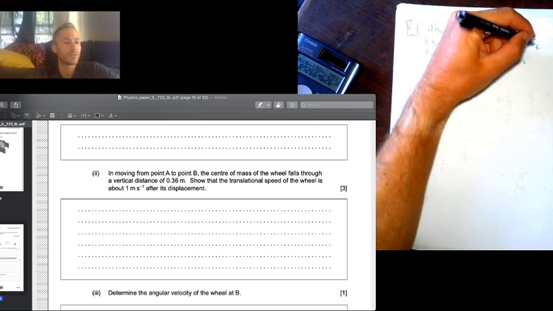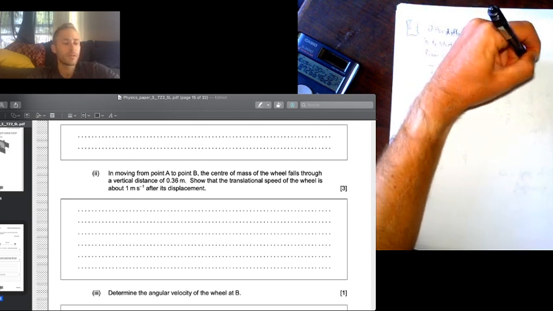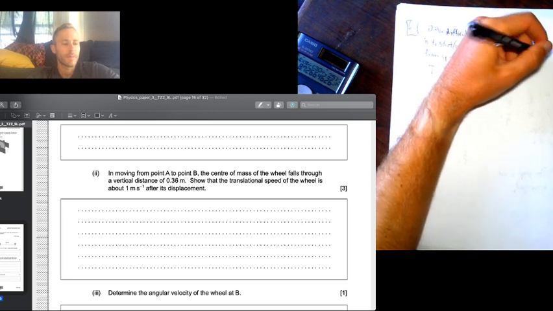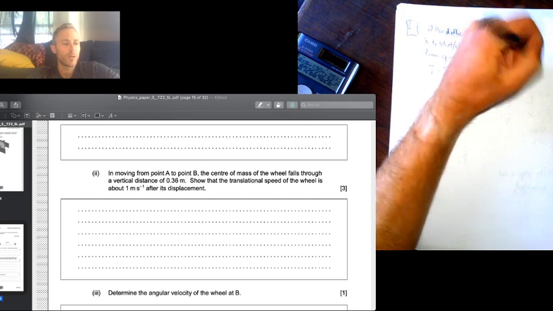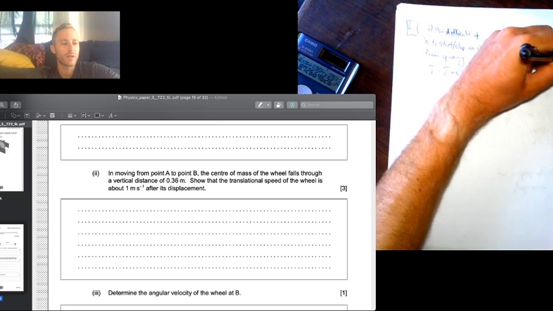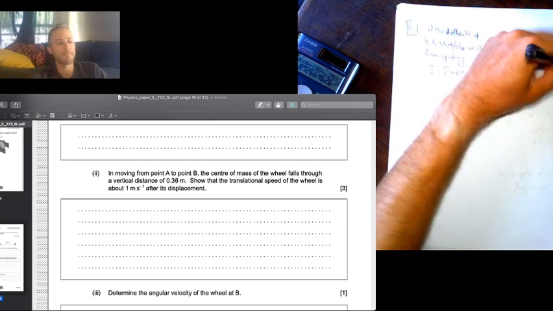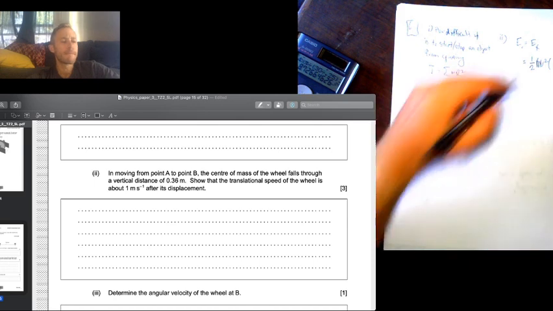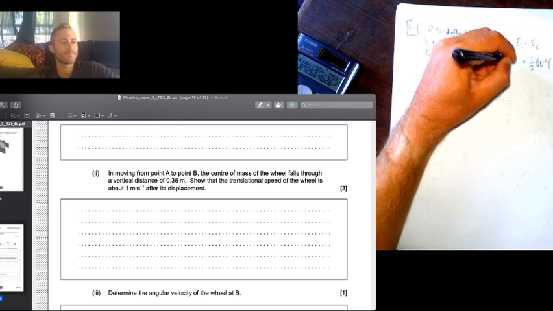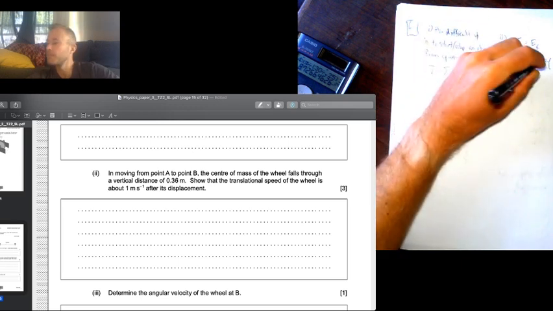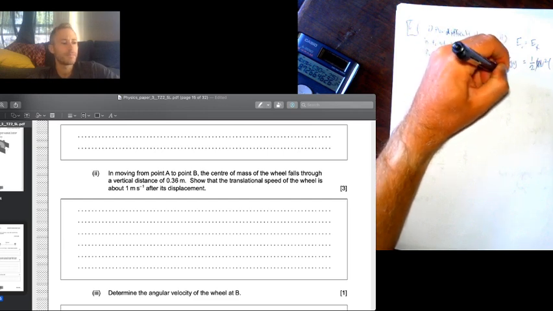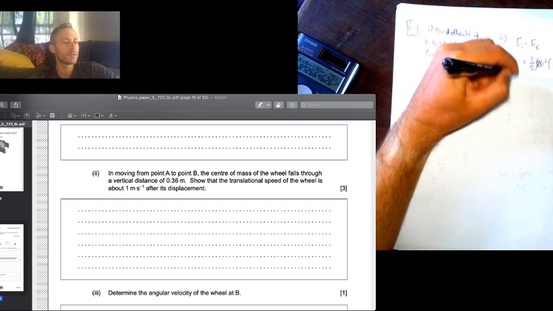The final energy is rolling kinetic energy, which is 1/2 m v squared times the quantity 1 plus I over m r squared. And then the initial energy is gravitational potential. So we can see that the m's cancel out.